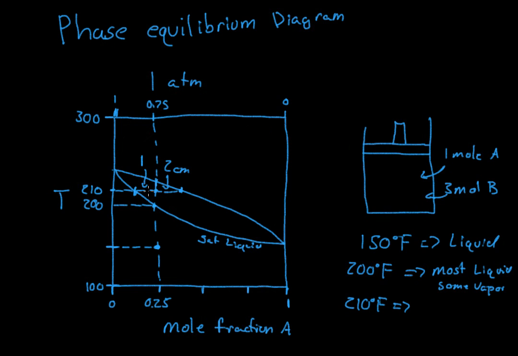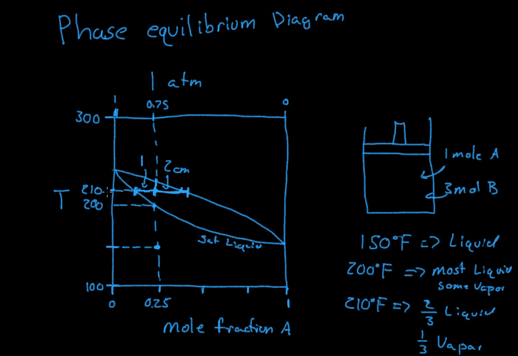For the liquid component, you use the inverse lever rule, so you use 2 divided by 3. So 2/3 of our system is liquid, and 1/3 is vapor, because this distance is 1 centimeter and this distance is 2 centimeters.